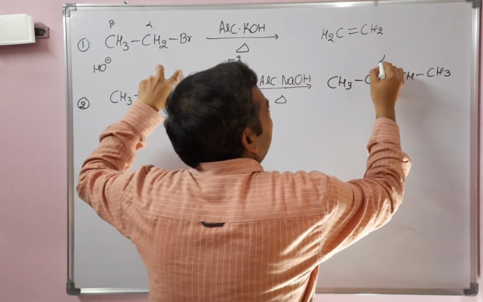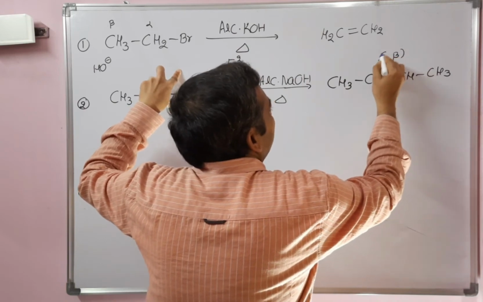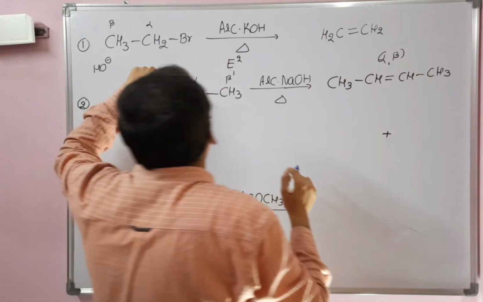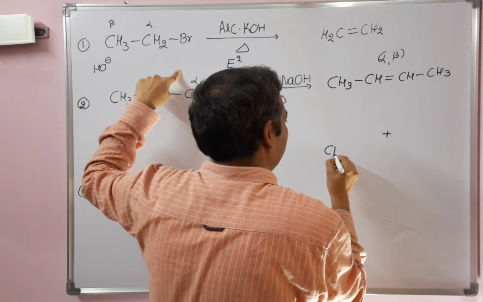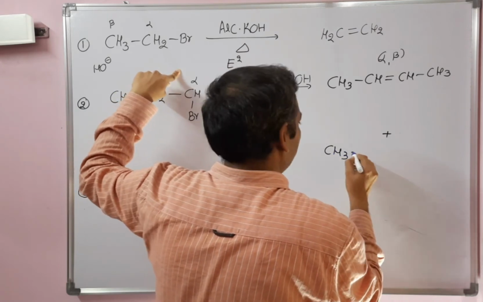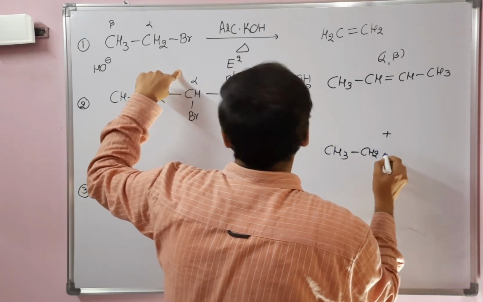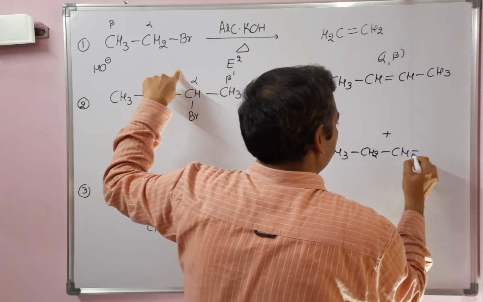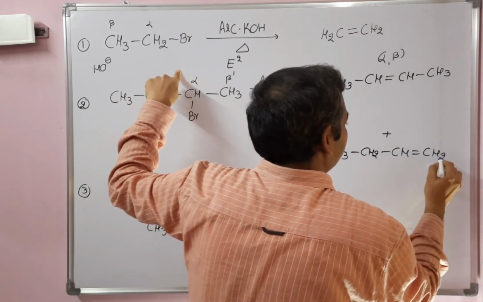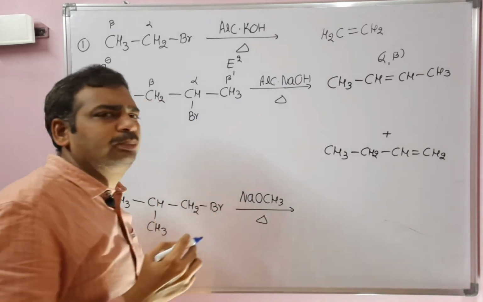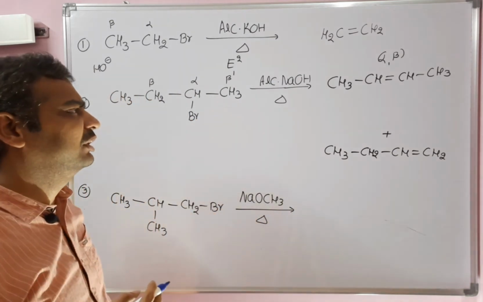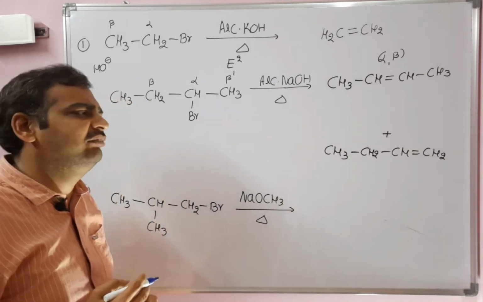This is alpha beta elimination. If the base abstracts a proton at beta prime, then the product obtained is CH3-CH2-CH=CH2. Since 2 beta carbons are there, 2 possible products are formed. Among these two, which is major and which is minor?